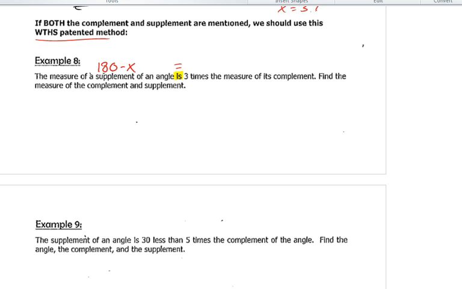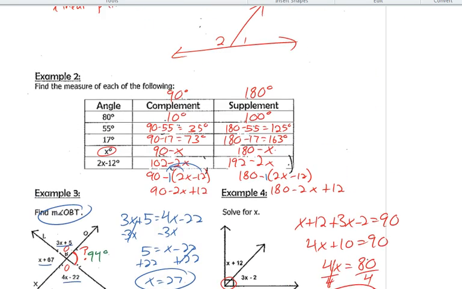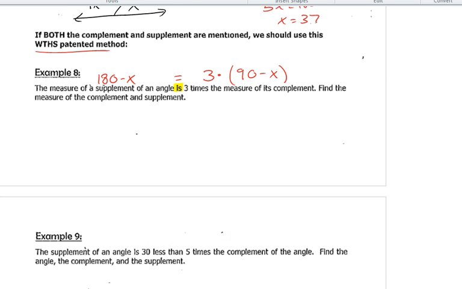The measure of a supplement of an angle is 3 times, so we know we're multiplying, 3 times the measure of its complement. Complement's the same idea as our supplement. If we look at this table, 90 minus x. So if we had 40, 90 minus 40 is 50, whatever it is. If we don't know what it is, that's why we use 90 minus x.